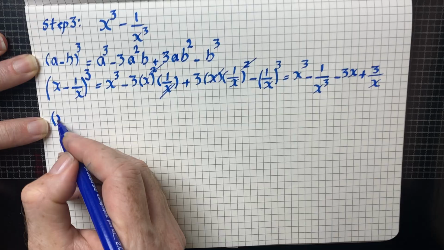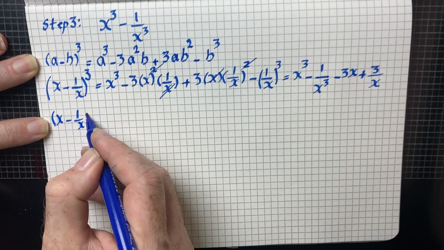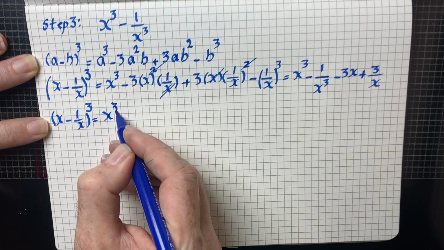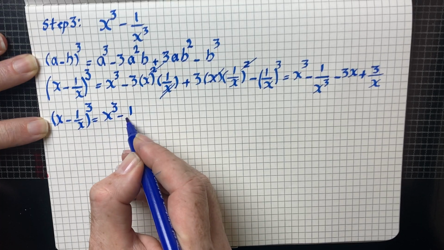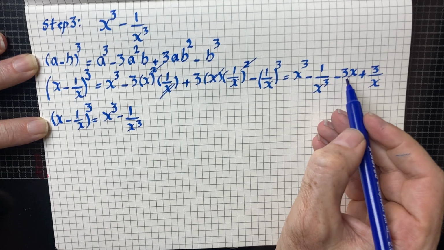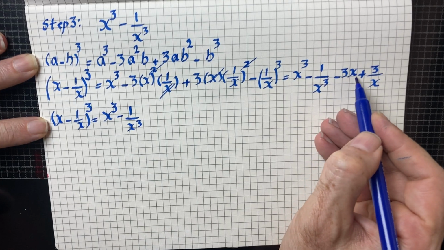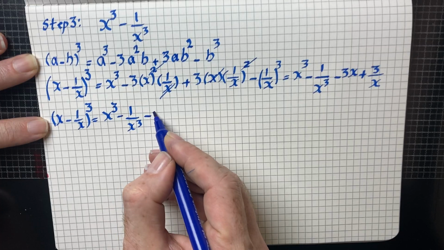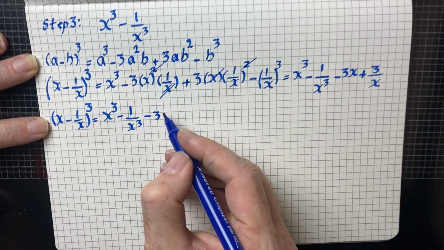So (x - 1/x) cubed is going to be, I write here, x cubed minus 1 over x cubed. Now, look, what is the common factor between this term and this term? Right, 3 is common. I factor it out from this expression.